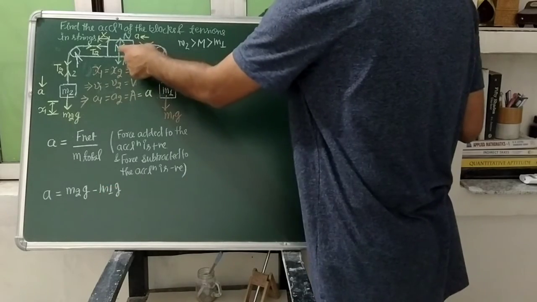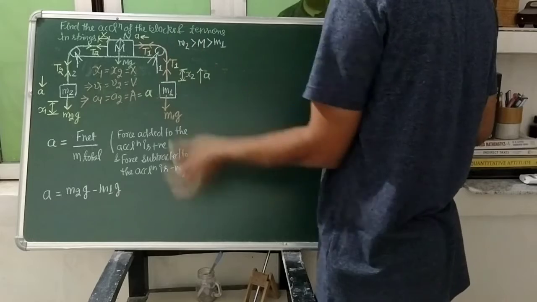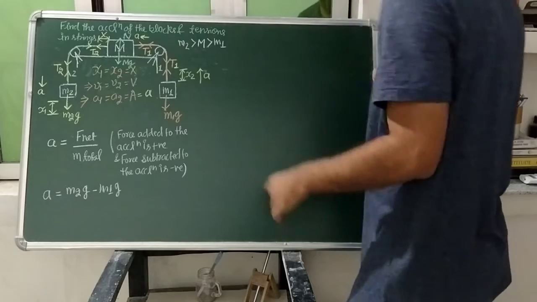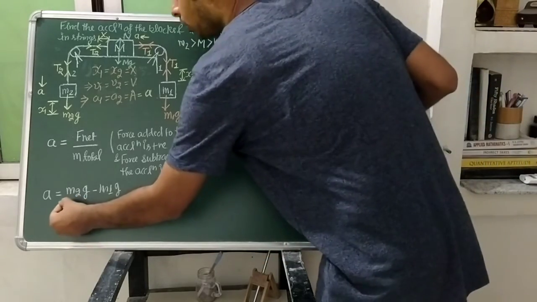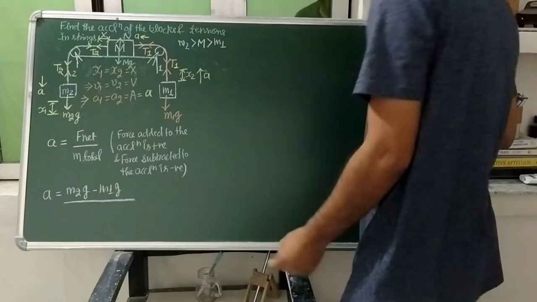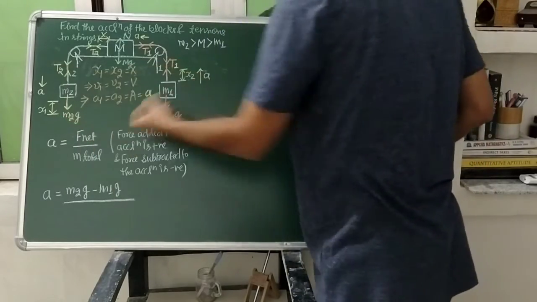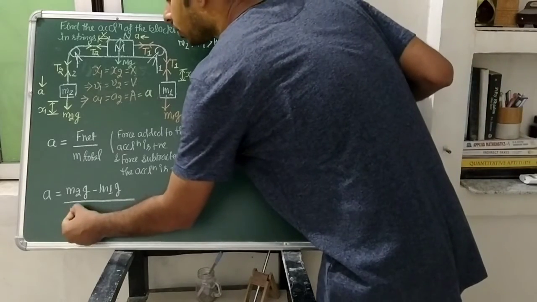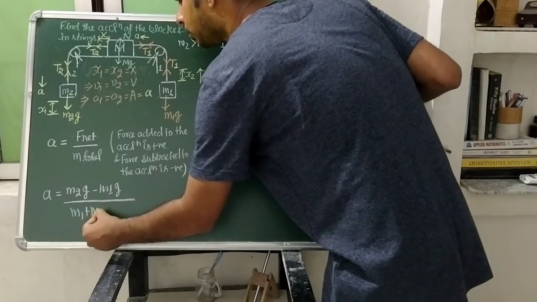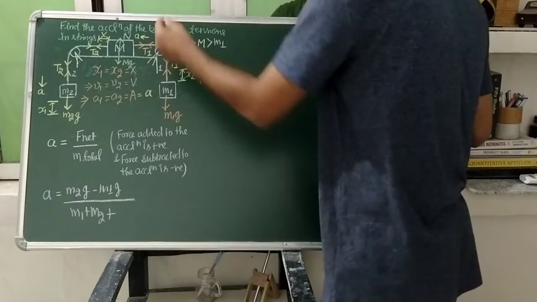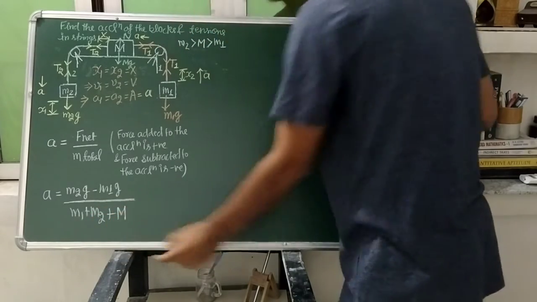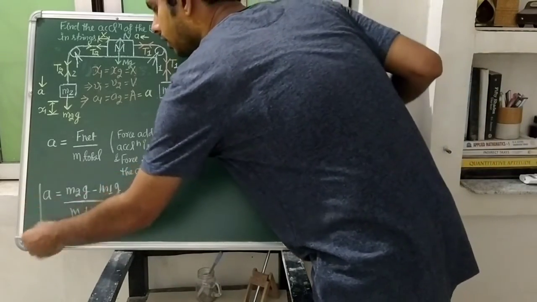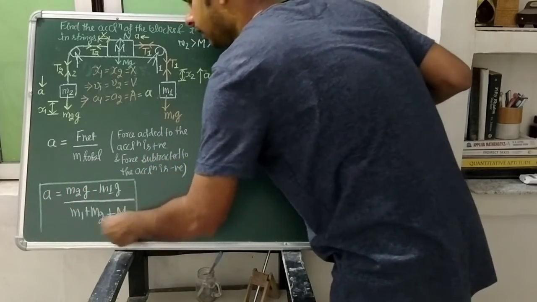And there will be no effect of this capital Mg, since it is in the y direction and no acceleration is present in the y direction. Acceleration is in the x direction, and tension forces will not be taken into account. So only these external forces will act. This will be added to the acceleration. This will be subtracted from the acceleration. And the total mass, friends, will be equals to M1 plus M2 plus capital M. So we have come to know the expression of acceleration directly, isn't it?